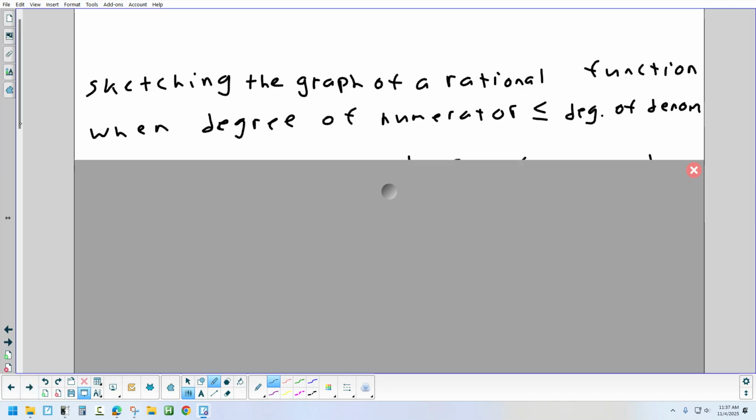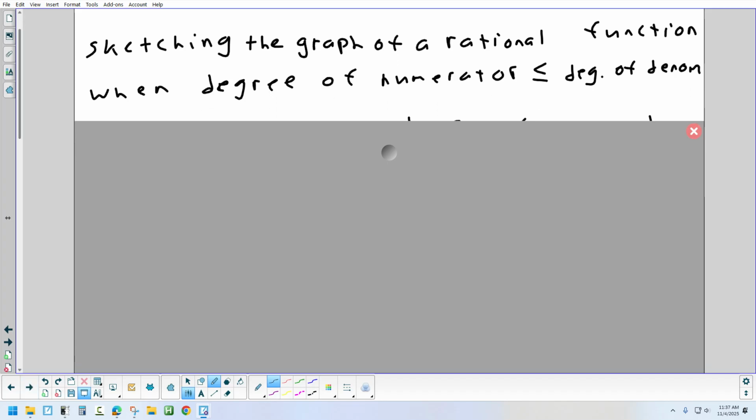All right. So let's look at finishing up with a few sketches. The most important thing when you're sketching is to find all the asymptotes. If you can't find those, you're going to be stuck. Okay, so we've got to find those. We're also only going to sketch problems today where the degree of the numerator is either equal to the degree of the denominator or smaller.